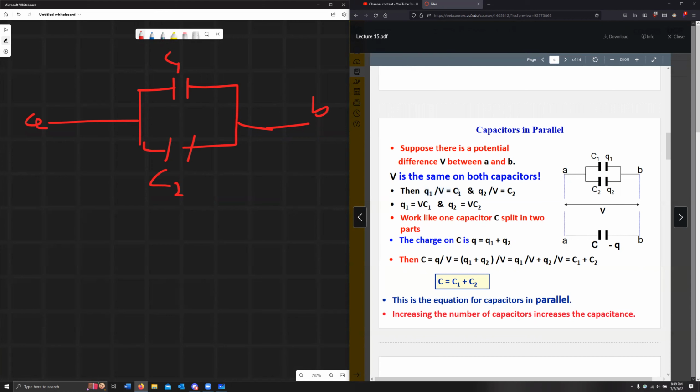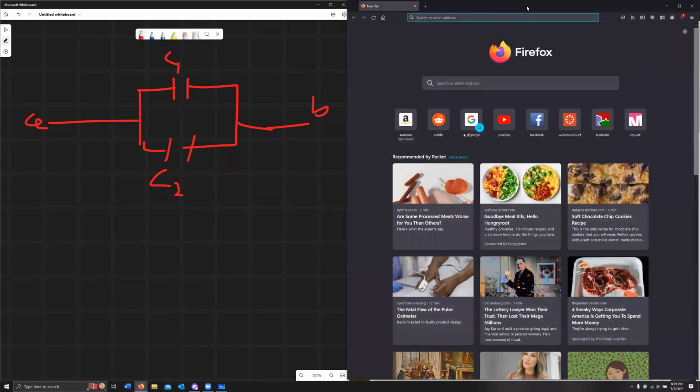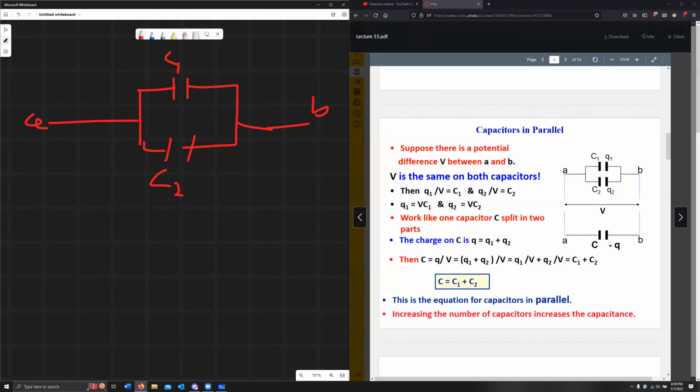Because the equation for capacitance is, let's see if I can remember it. Capacitance is charge divided by voltage. So capacitance is equal to the charge divided by voltage. So what you're finding here is the capacitance of that capacitor. So that's going to be C is equal to charge over voltage.